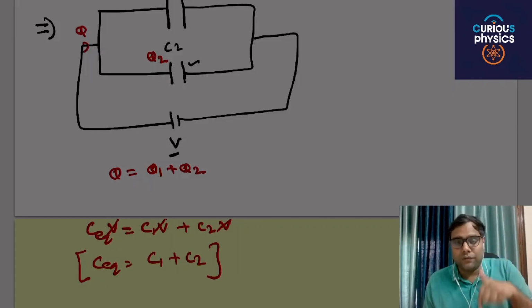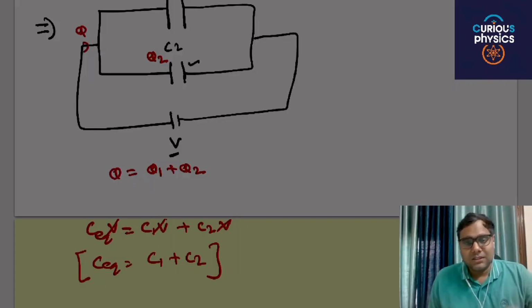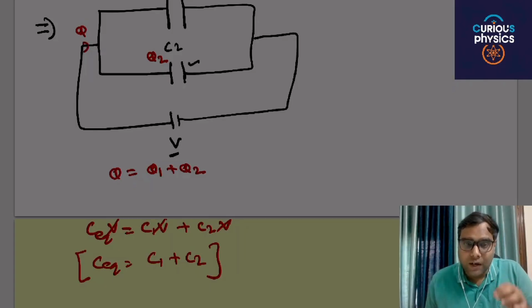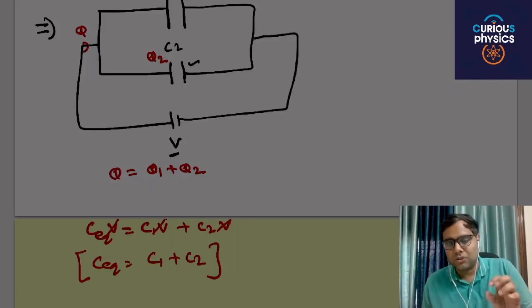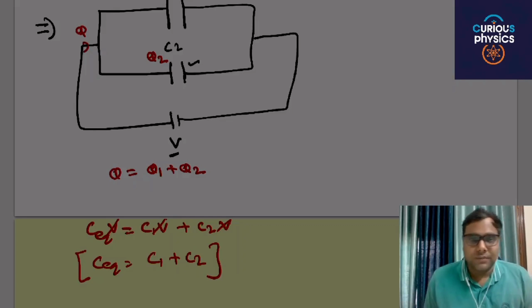But in case of parallel, potential is the same and charge is different. Don't just focus on this formula, but also try to focus on the conditions, because those kinds of conditions or situations can be asked in your exams.